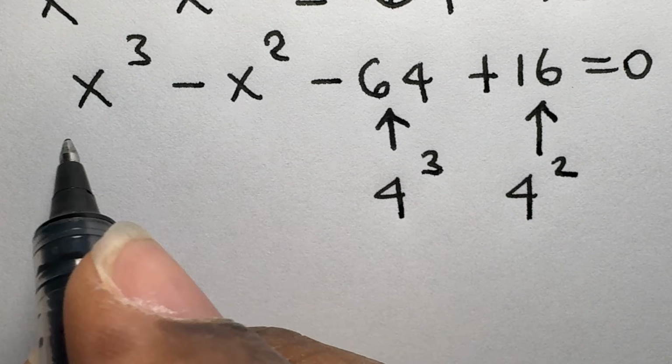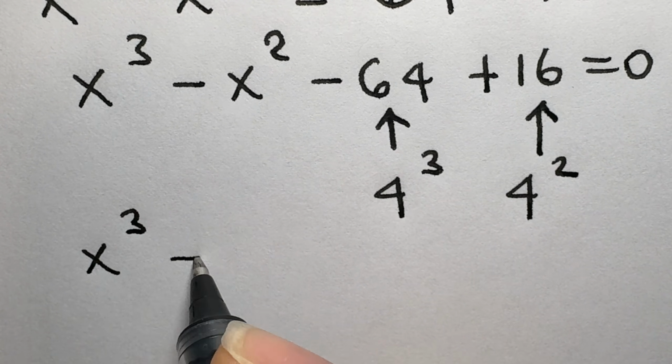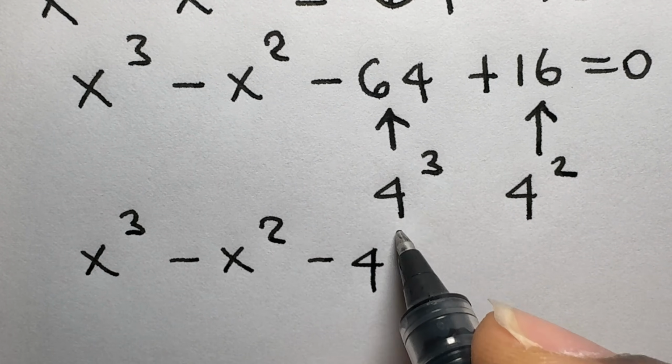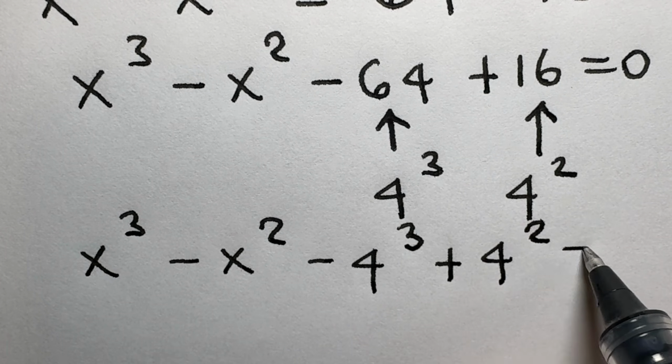So we can express the whole equation as x raised to power 3 minus x raised to power 2 minus 4 raised to power 3 plus 4 raised to power 2 is equal to 0.